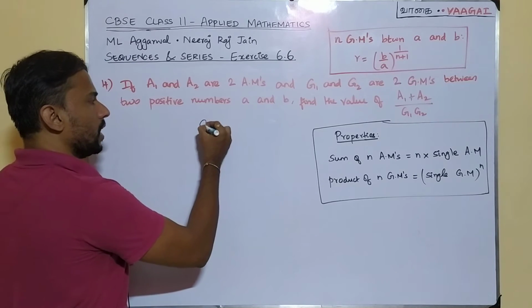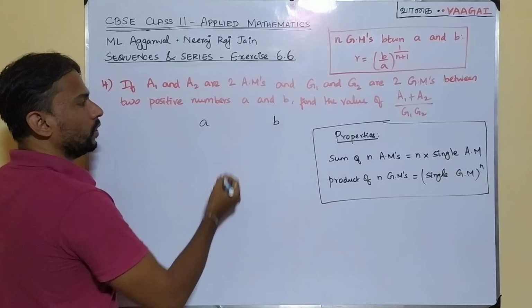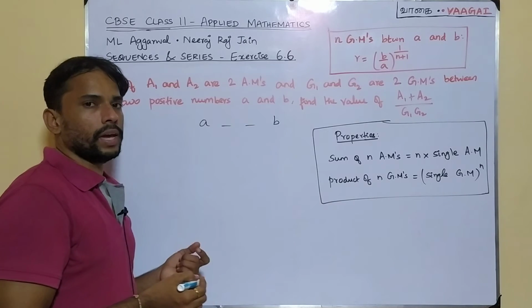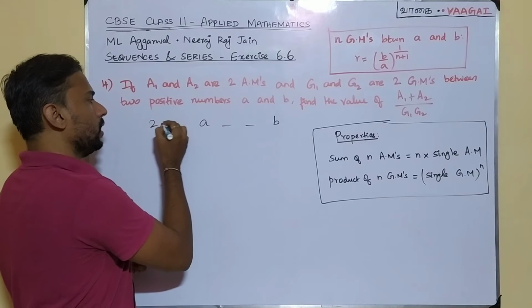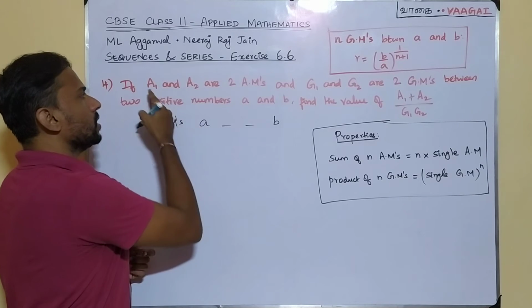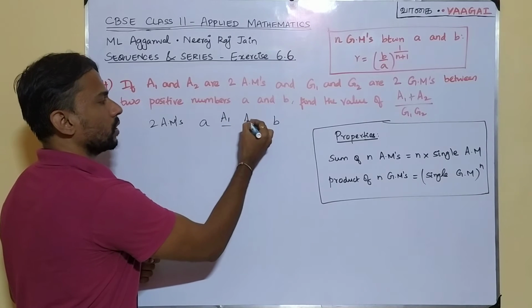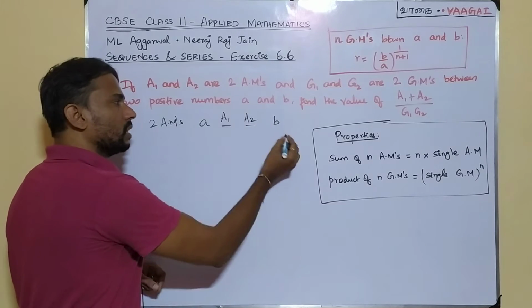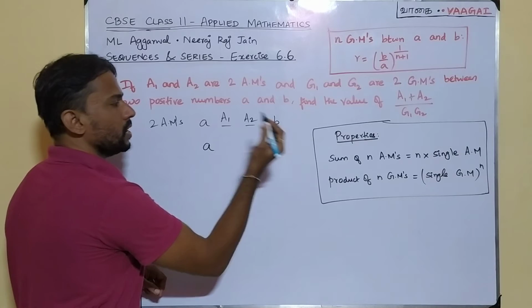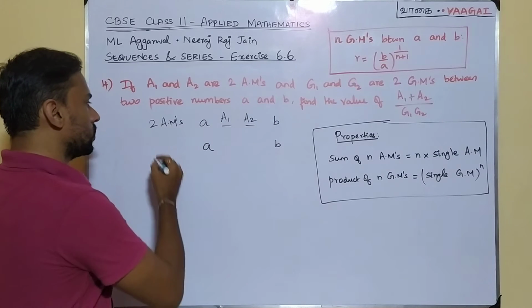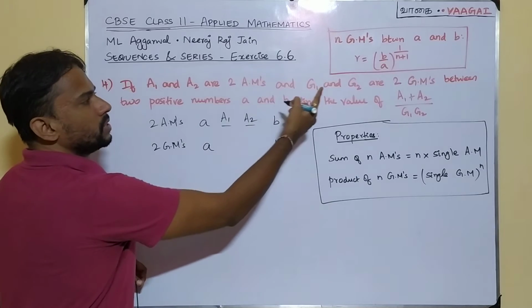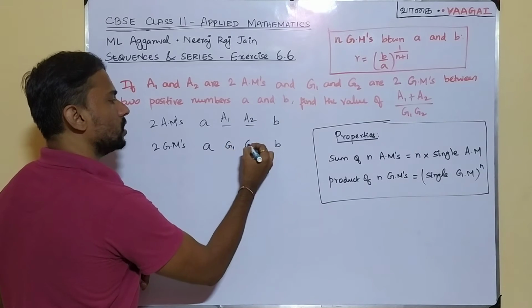So A and B are 2 values. You are going to insert 2 AMs, and those 2 AMs are going to be A1 and A2. And the same way, between the same 2 values A and B, you are going to insert 2 geometric means, and they are G1 and G2.